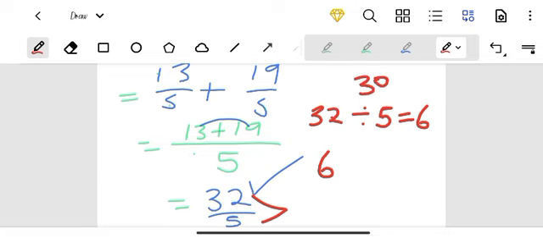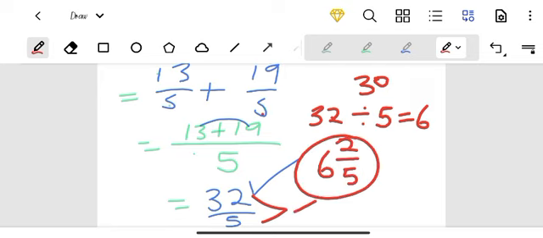So the remainder is going to be 2. That remainder is going to be our numerator, and the denominator doesn't change. So you're going to have 5. So that can be written as this. This is what we call a mixed fraction, and this is the improper fraction of that mixed fraction. I hope this made sense.